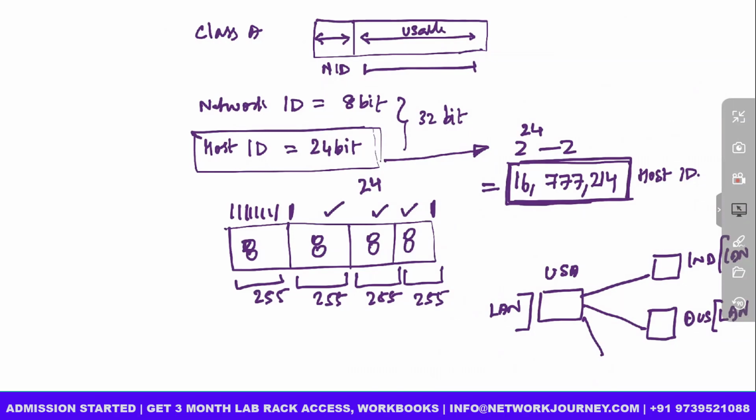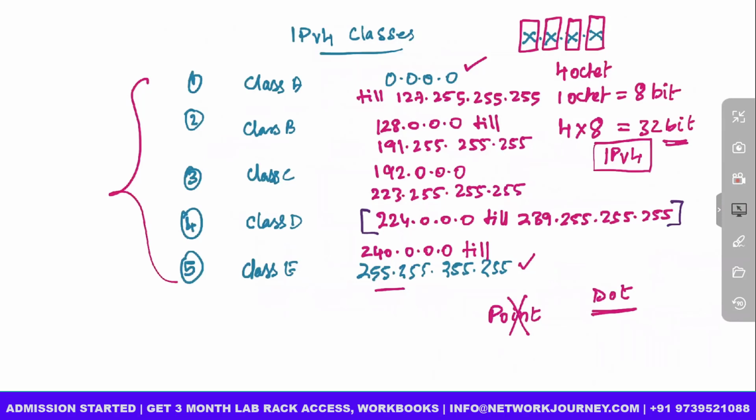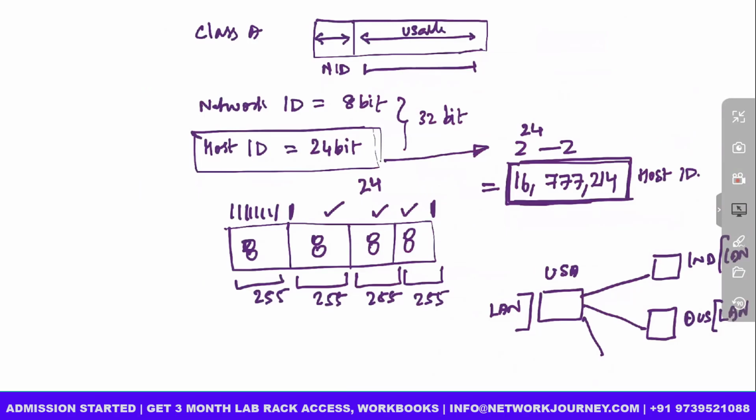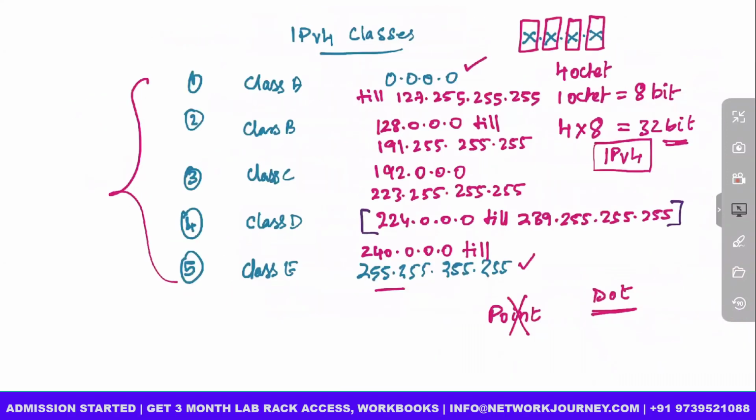So for class A, we just need to know from the learning perspective that this is the number of IPs that we can assign. So what is the range? 0.0.0 to 127. The range would be 0.0.0.1 to, what is the IP at the end? 127, right?